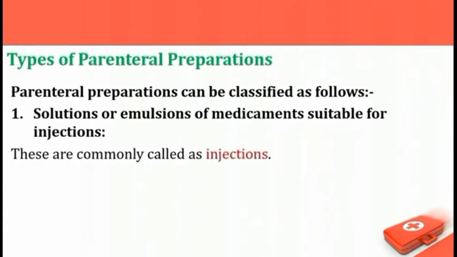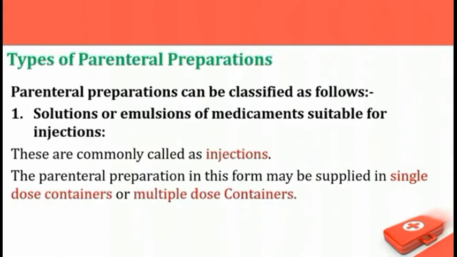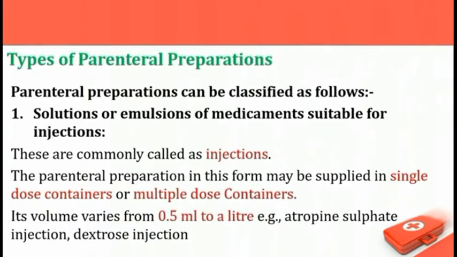So the intramuscular route's dose volume is 2 to 4 ml, and aqueous or oily suspensions and oily solutions can be given by this intramuscular route.